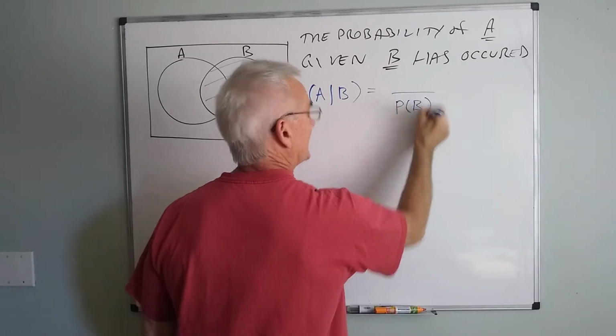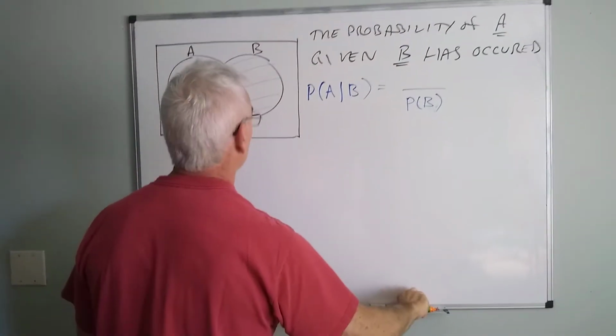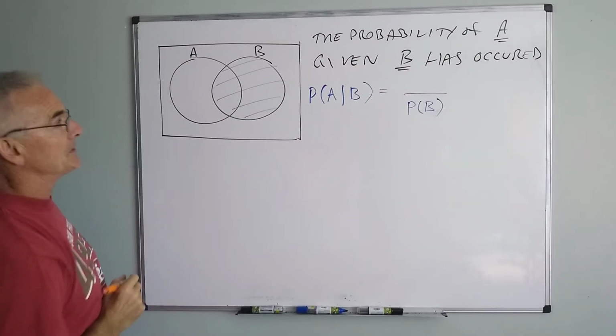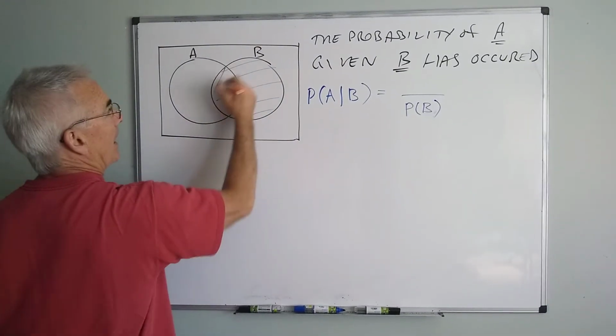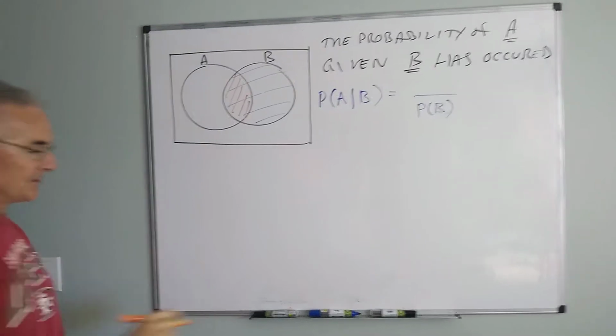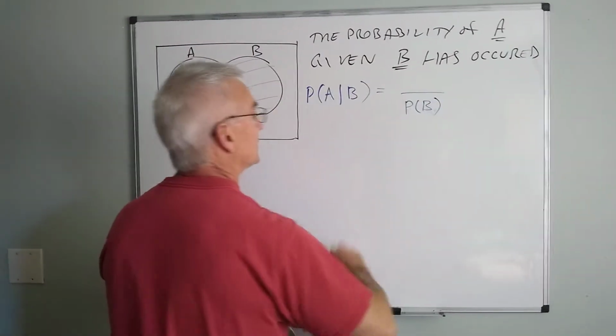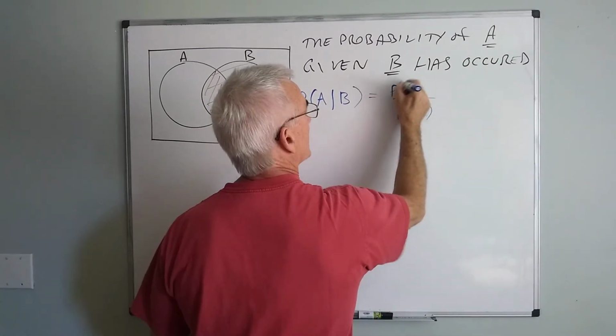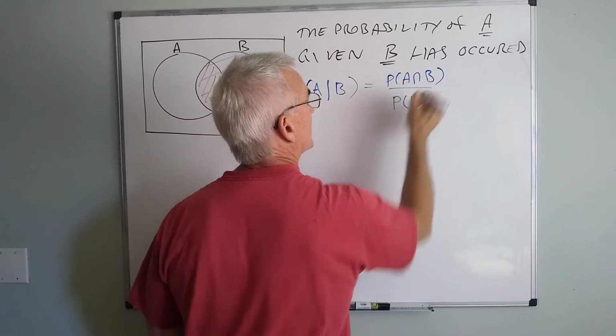Now, if that's the case, then if I said, what's the probability of A occurring given B has occurred, then I'm looking for the part of A that is in B, but that's just the intersection. So that would mean this numerator is the probability of A intersect B.